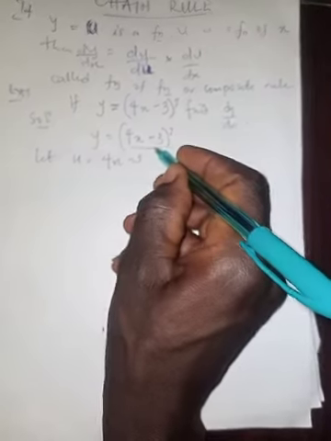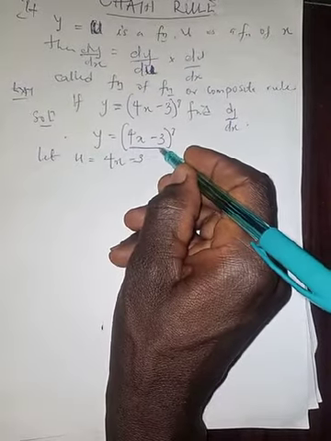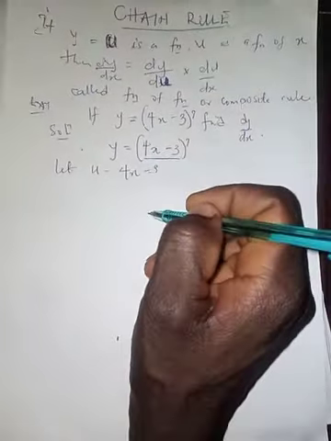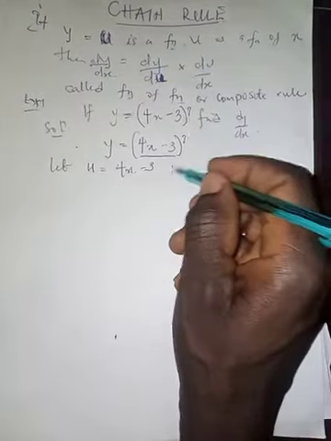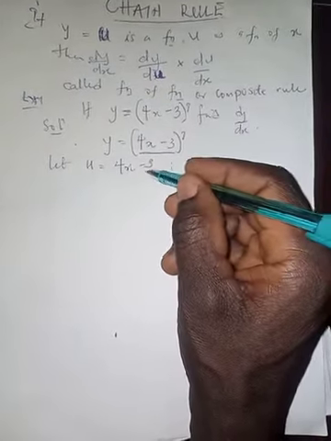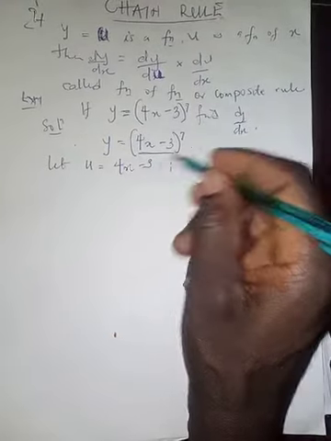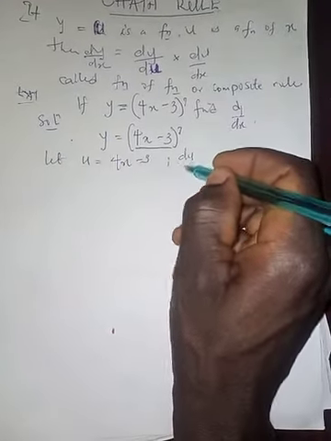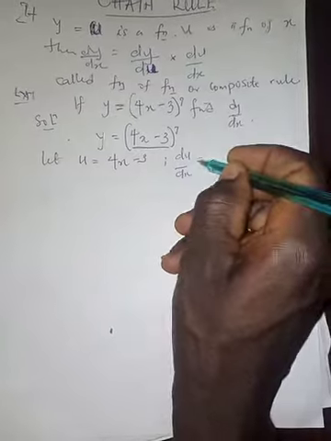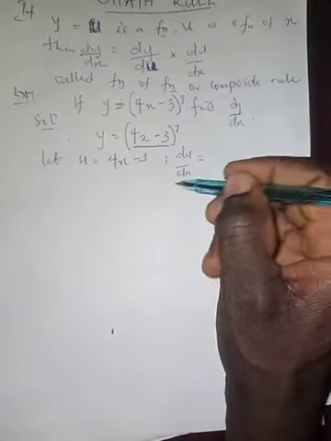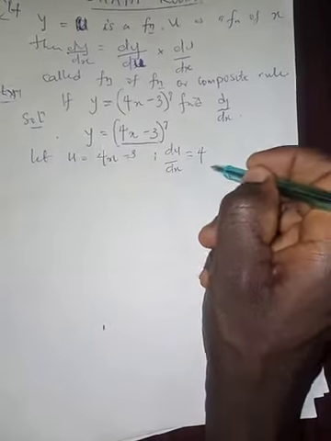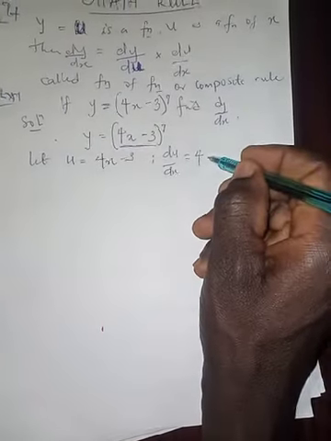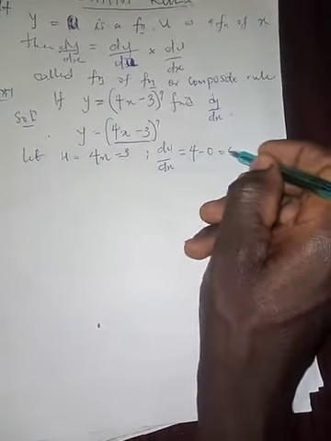So since this one is inside the bracket, we say let our u be this. And let us differentiate this. 3 is a constant. That will be du dx equals to, if you differentiate 4x, you have 4. And if you differentiate a constant, you have 0, which is 4.